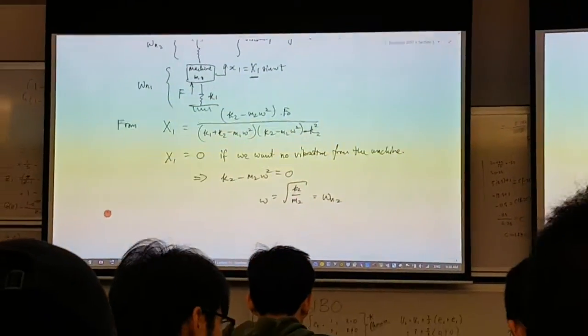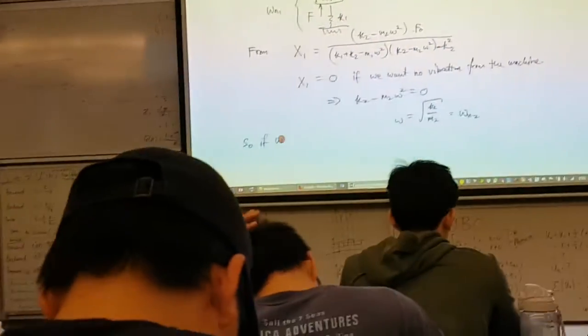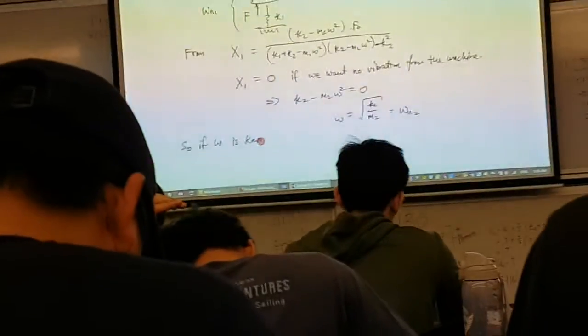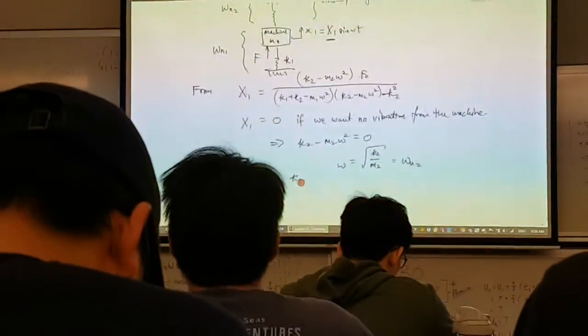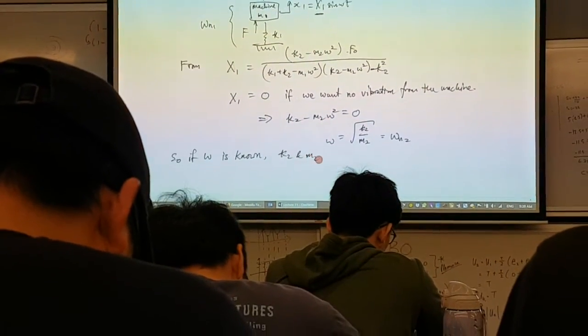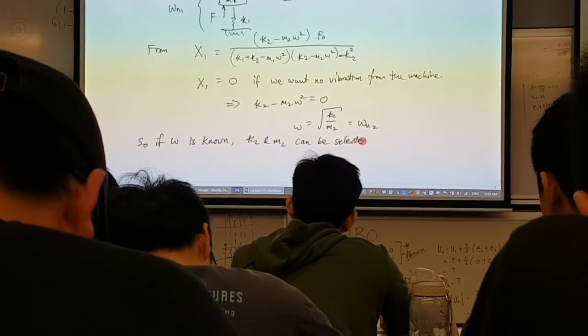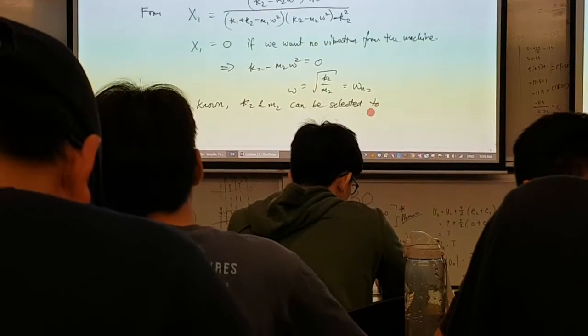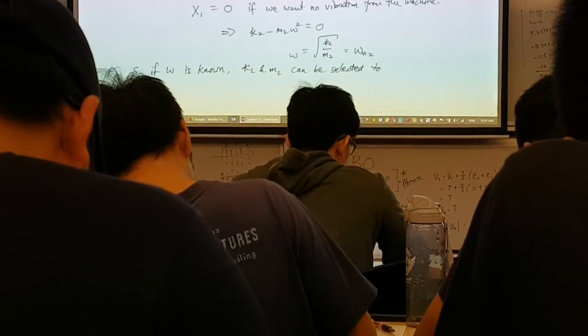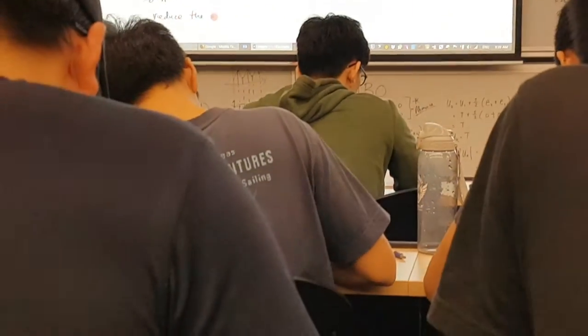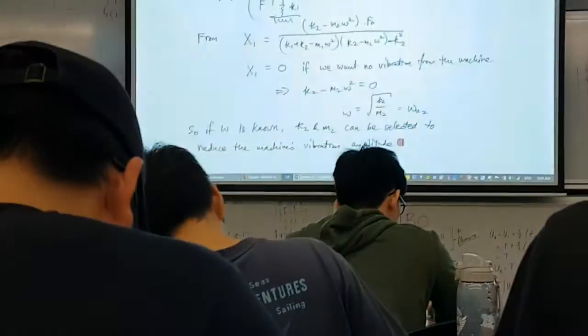So what I said is that if omega is known, your K2 and M2 can be selected. You can select them in such a way that it reduces your machine's vibration to 0.